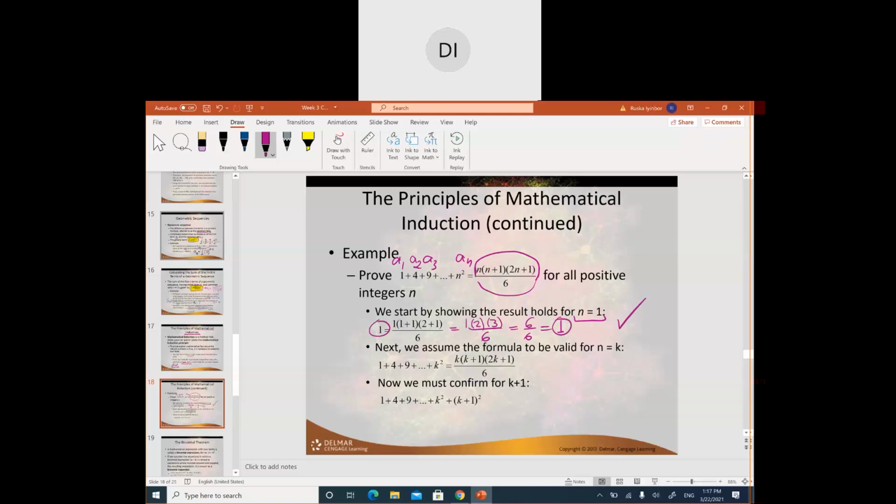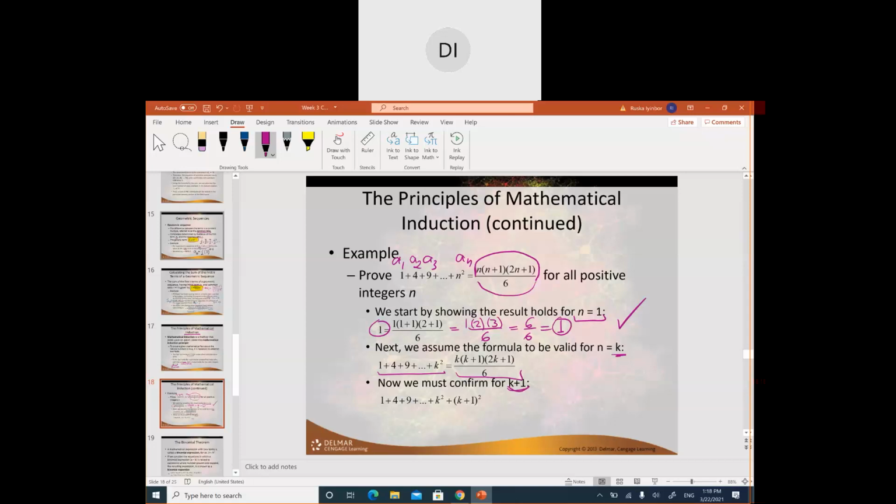Then the next step, we're going to assume that the formula for n equals k is true. So we're assuming that this equals this. It's true. We assume it's right. And then the third step is we're going to check for k plus 1. So we have 1 plus 4 plus 9 plus up to k squared plus (k plus 1) squared equals, let's see what it equals.